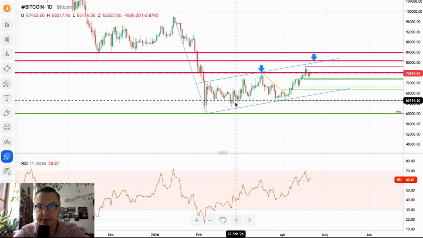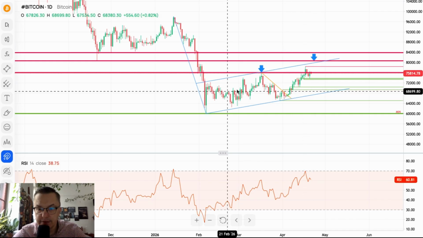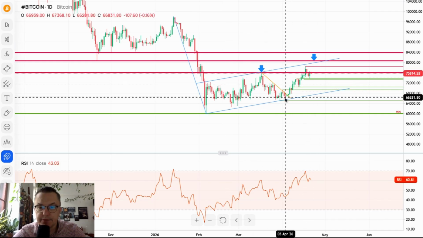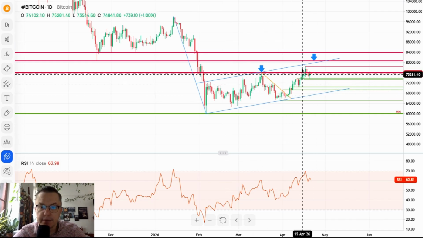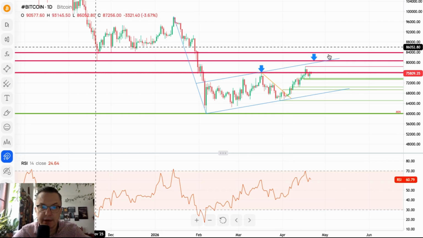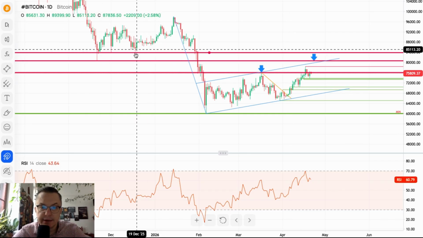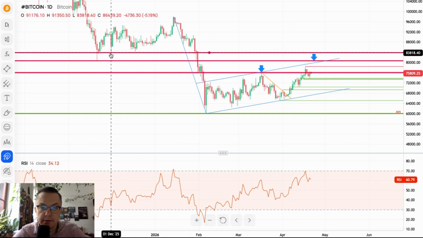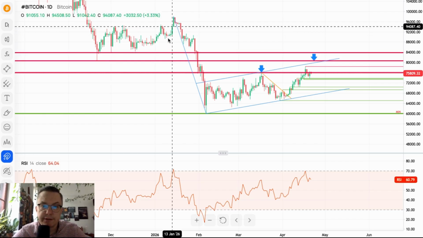So please consider this situation as some sort of attempt by the bulls to establish more power and control over the Bitcoin price. The higher they go, especially if they break above 80,000, and then this level here, 83,000, 84,000, the more bullish it looks. This is already 90,000.